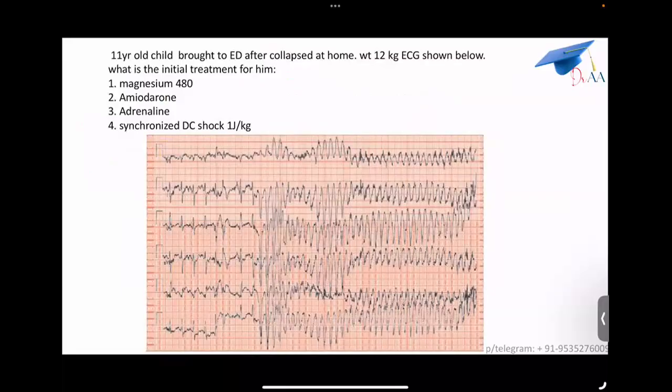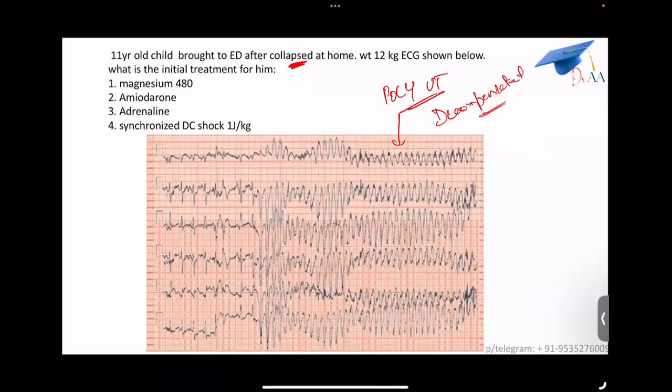We have an 11-year-old kid brought to the ED who has collapsed at home, and weight is around 12 kgs. ECG is shown below. What is the initial treatment for him? Is this Option 4? This is a polymorphic VT. All of us know that we need to decide whether the patient is decompensated or compensated. Decompensated.